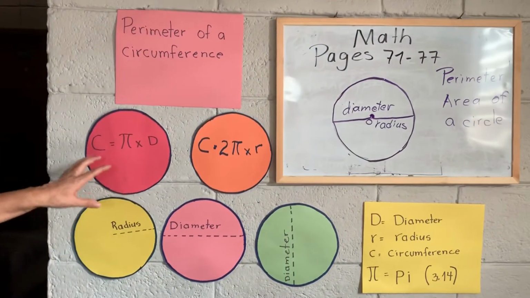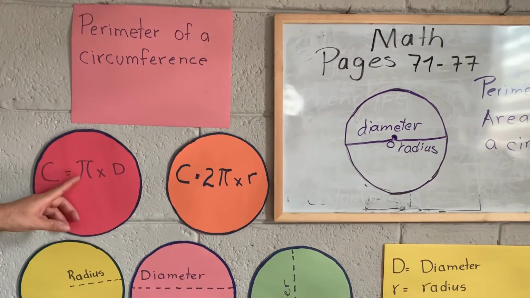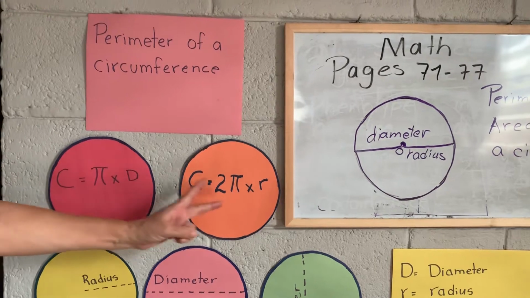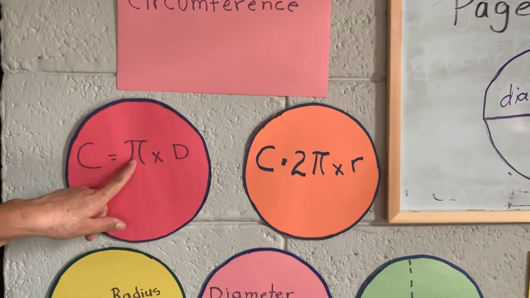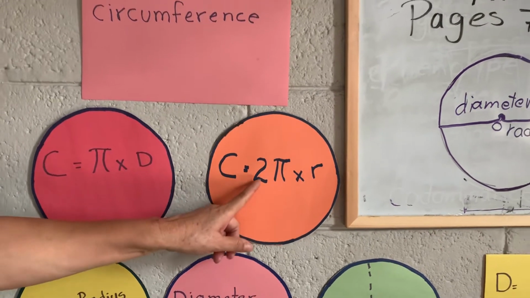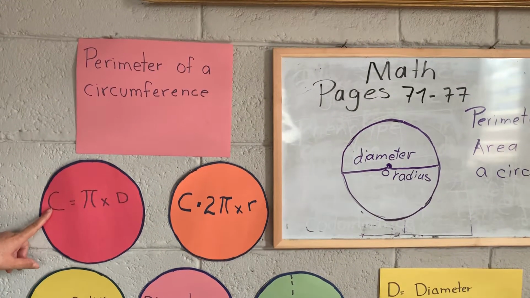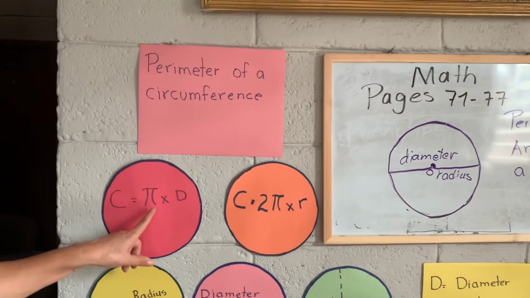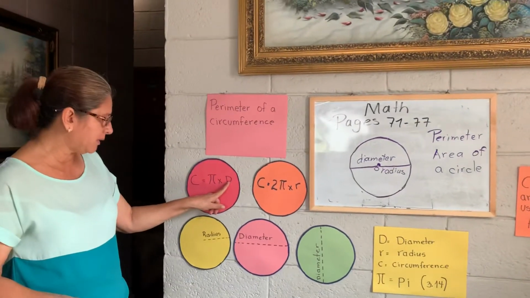To calculate the circumference of a circle, we have two formulas. I want you to look at this formula. C equals pi multiplied by D, or C equals 2 pi multiplied by R, in which C is circumference, this is pi, and D is diameter.